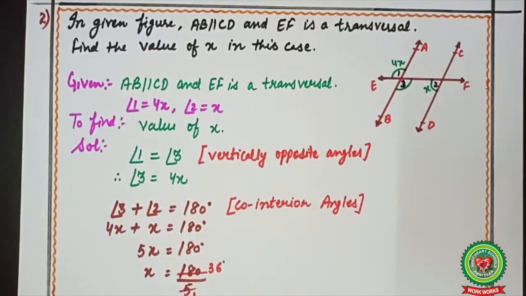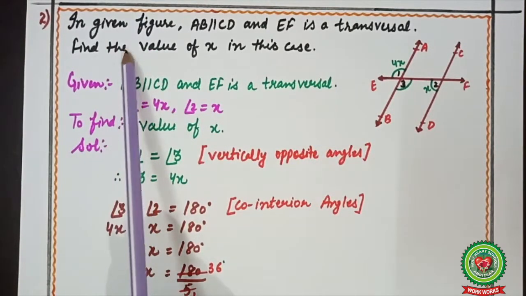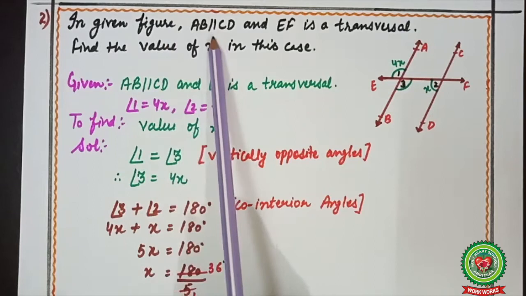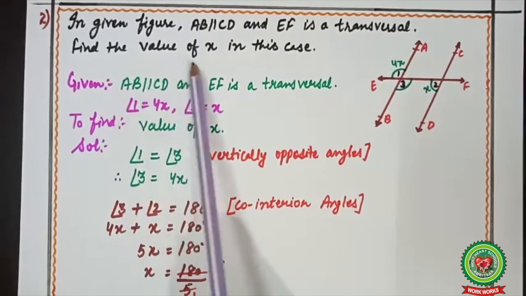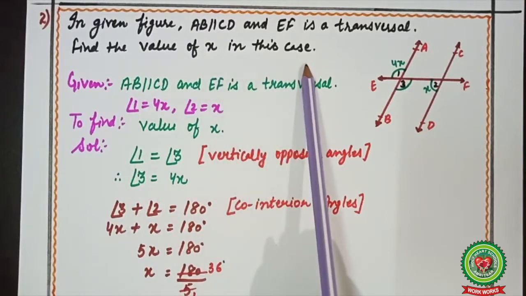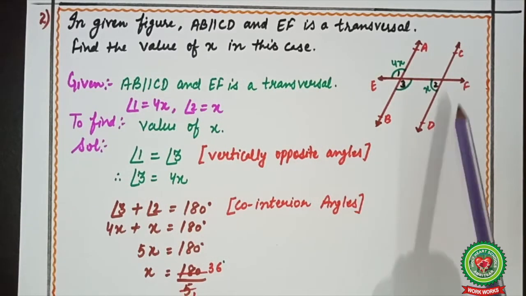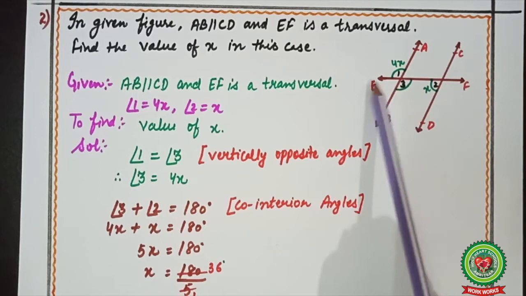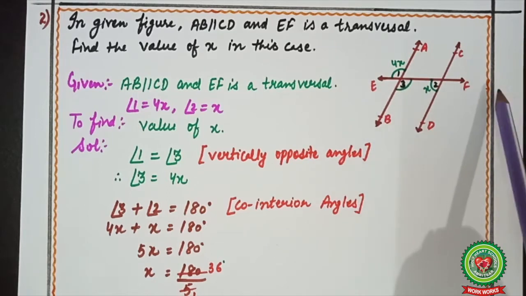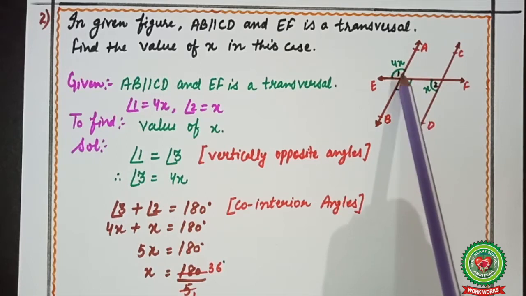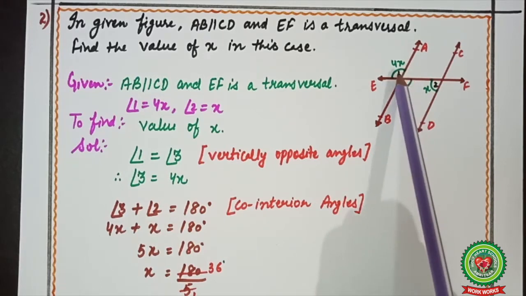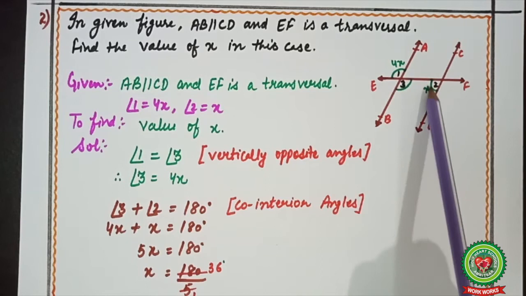Now here is example number 2. Let's read the statement. In the given figure, AB is parallel to CD and EF is a transversal. Find the value of X in this case. Here you can see this figure in which AB is parallel to CD and EF is a transversal, and angle 1, that is 4x, is already given, and here x is given.